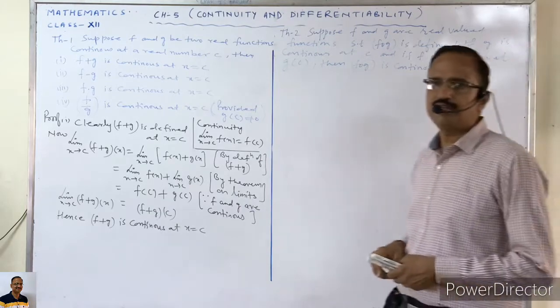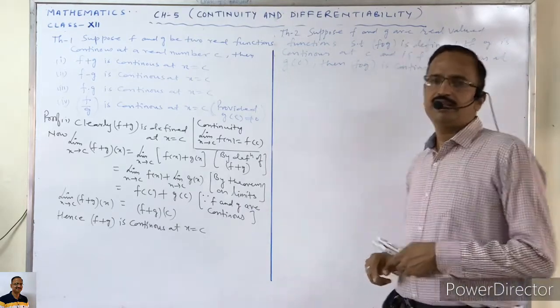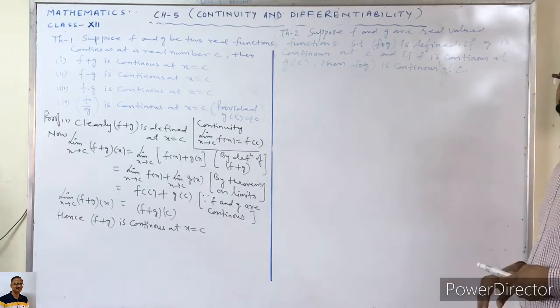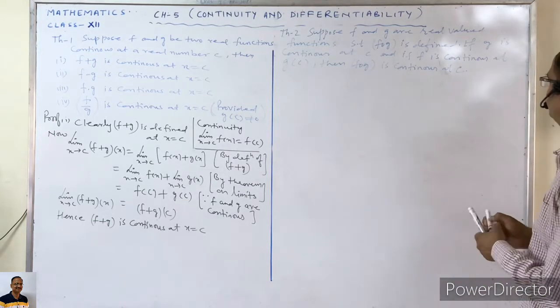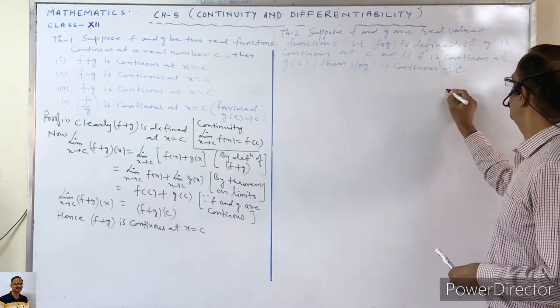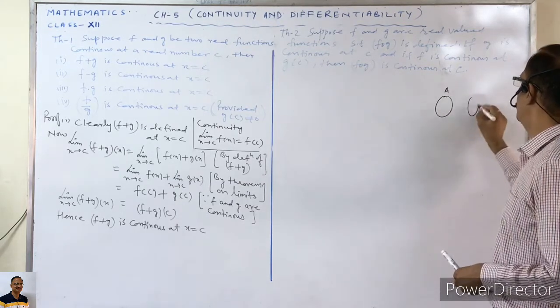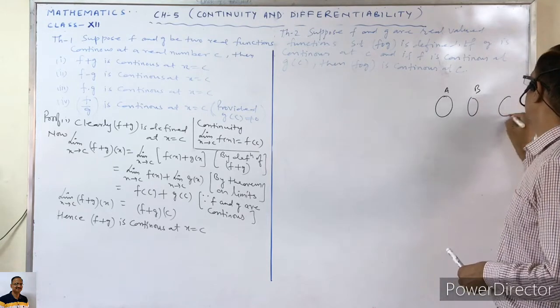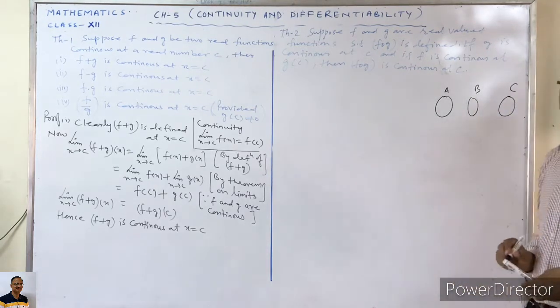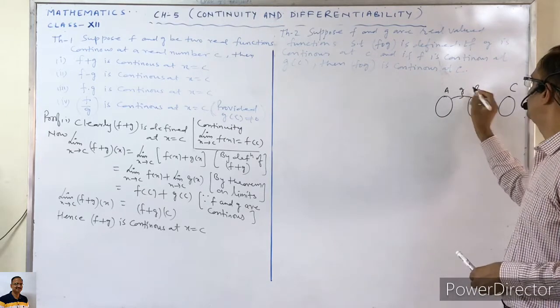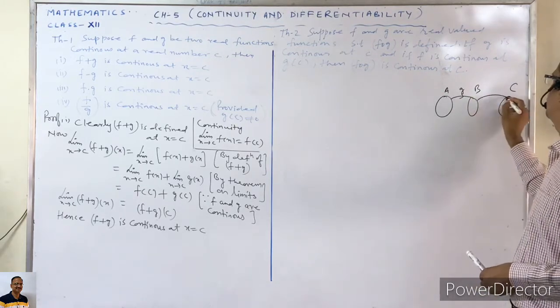Before we start this proof, let us discuss composition of f and g. Suppose this is set A, this is set B, and this is set C. Now this is g and suppose this is f.